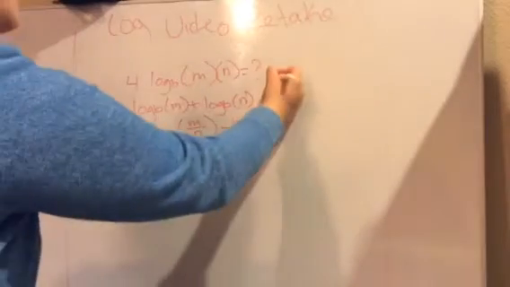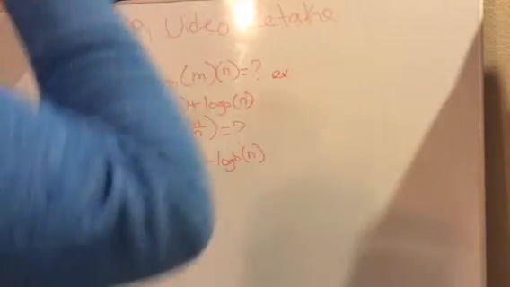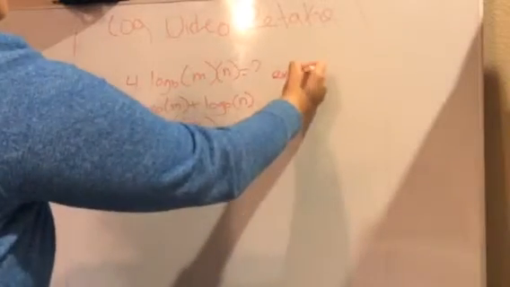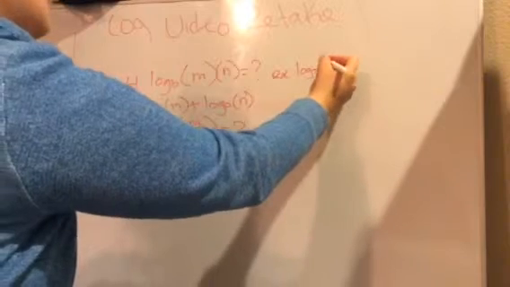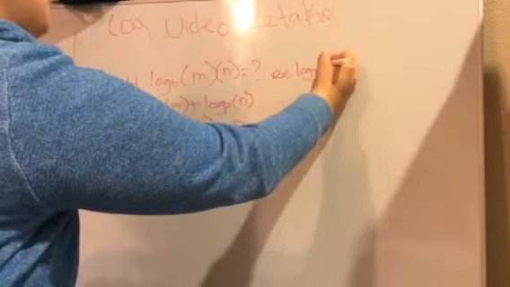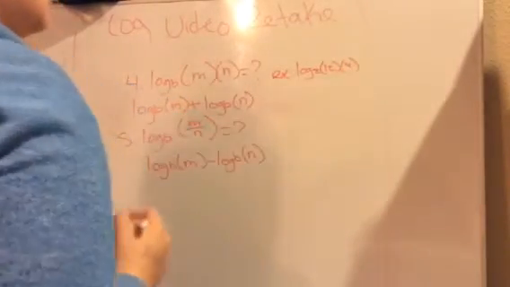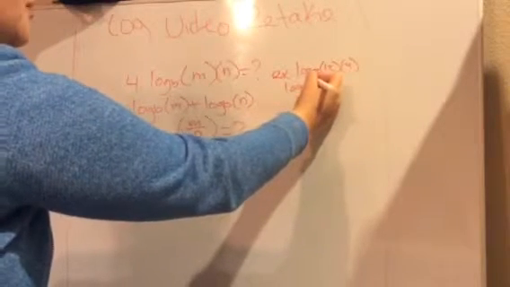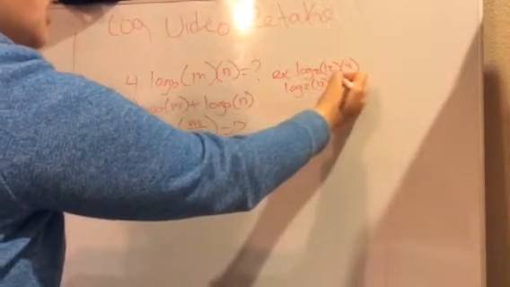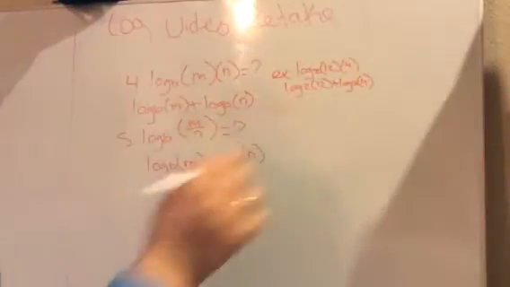An example of the first one could be log of 2, say 12 and 4, and then you would separate them, log 2 12 plus log 2 4, and then you would solve from there.